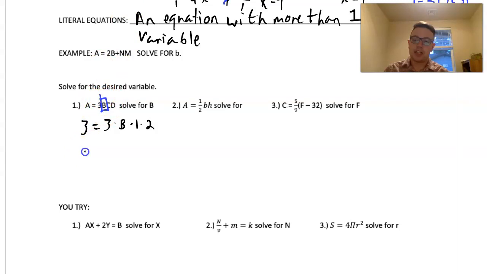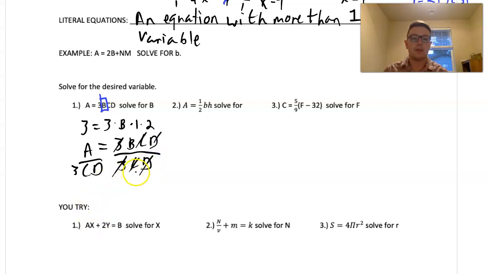So we would take A is equal to 3BCD, and we divide by everything that we don't want on that side. So that would be 3, C, and D. Right? We'd have a C, a D, and a 3 on the top and bottom, so we can cancel those. And we'd be left with B is equal to A divided by 3CD.